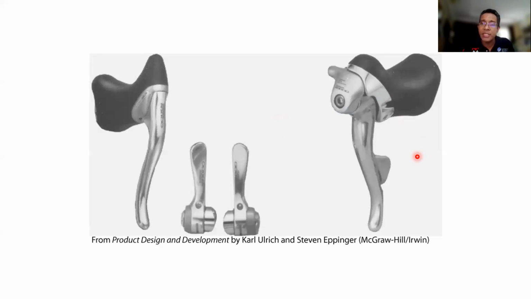In this case, they consider the motivation of aerodynamic design and ergonomic concerns. So the functions are kept the same, but the elements are reduced from three elements, three chunks, to only one. From one chunk, they have two functions, and they can have more than that. So that is the modular and integral design.